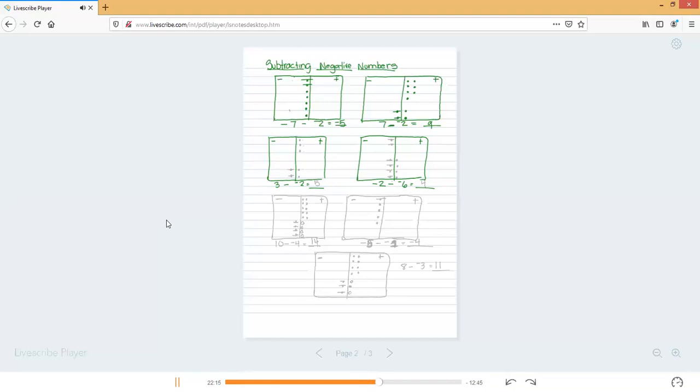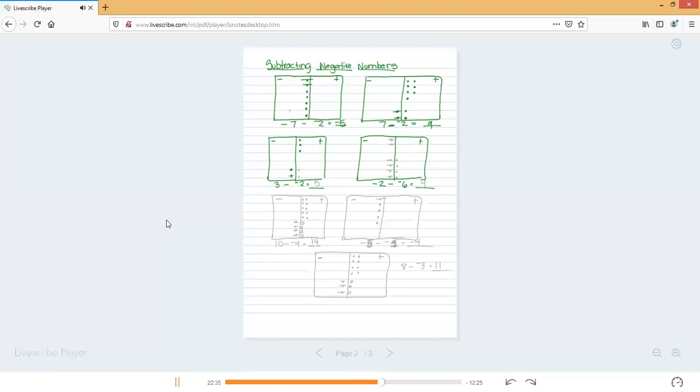I know that one can seem a little strange, but remember, for every -1 I make, I have to create the positive dot to go with it. I'm going to cross out 6: 1, 2, 3, 4, 5, 6, and it leaves me with a +4.